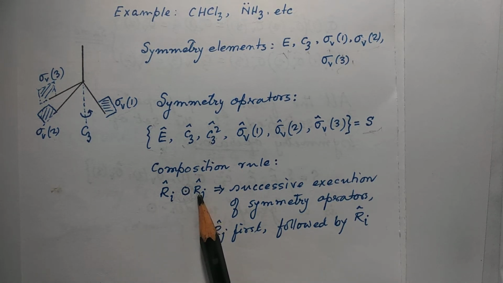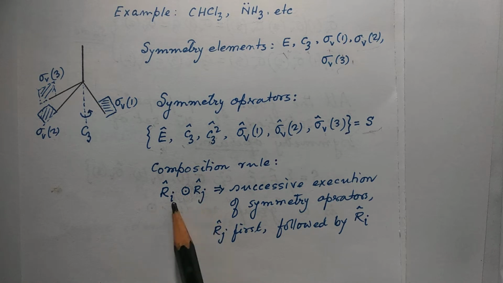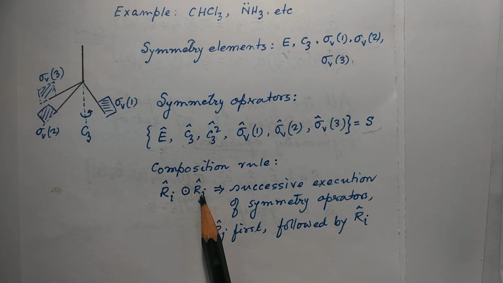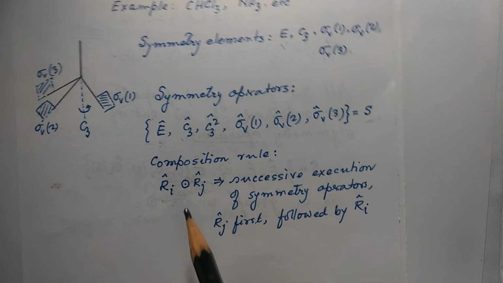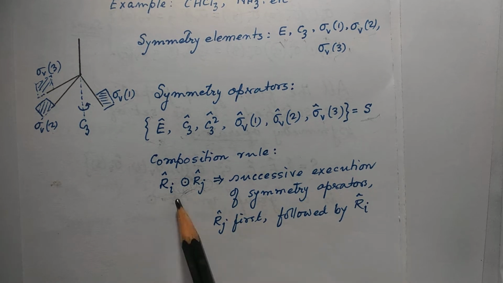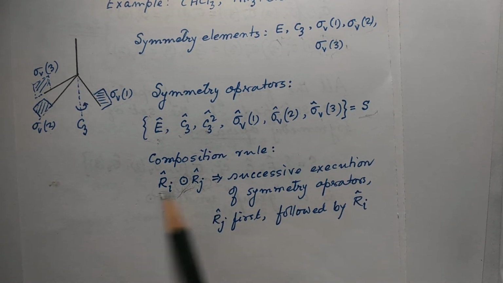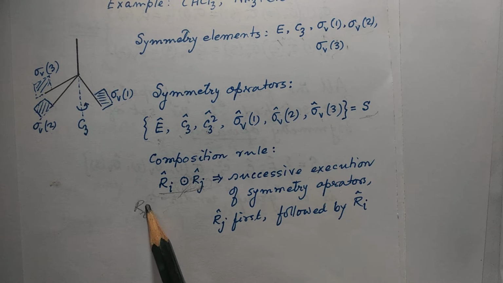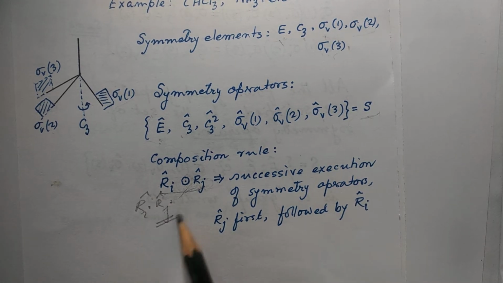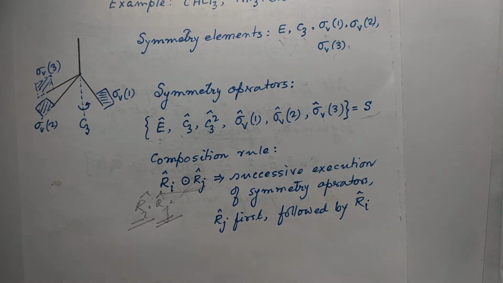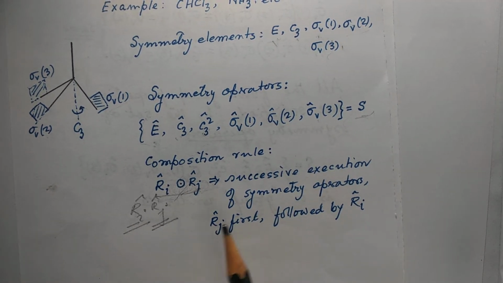Ri, Rj means successive operation of these two operations with Rj first and then Ri. Sometimes this symbol will be omitted for convenience. This will simply be written as Ri Rj. Rj will be operated first, then Ri. This is the composition rule.